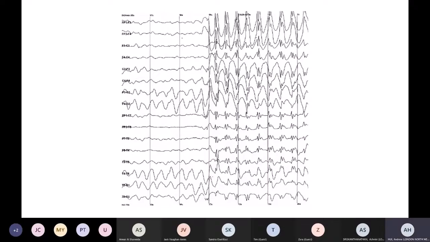Right, so I've put this slide here with an EEG just to remind myself to talk about the diagnosis of epilepsy. So, of course, epilepsy is a predisposition for seizures. It's a seizure disorder, but not everyone who has a seizure we would classify as having epilepsy.